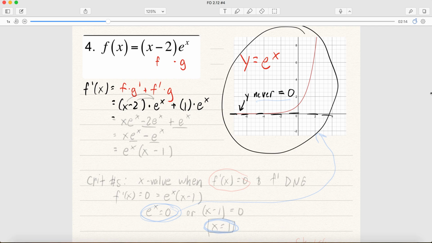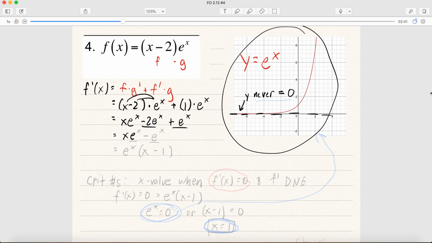Okay, so there's that. I'm going to clean this up a little bit. Let's see, I have x minus 2 times e to the x right here, and I know that I can use the distributive property and say this is just x e to the x minus 2 e to the x, and then plus, here's 1 times e to the x, which is just e to the x. There are some like terms there. Let's combine those.